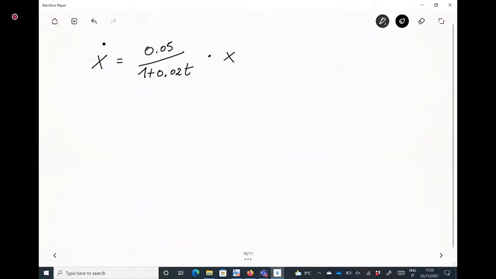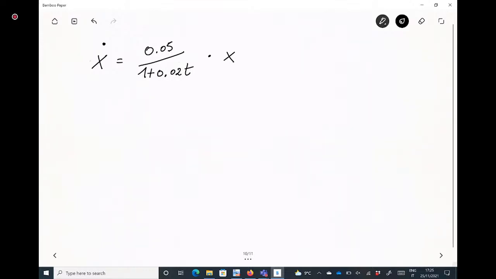Okay, by the way, is this an autonomous equation or a non-autonomous equation? Non-autonomous, there is a direct dependence on t. Now, as t changes, the denominator is basically 1. As t increases, of course, it becomes larger than 1.